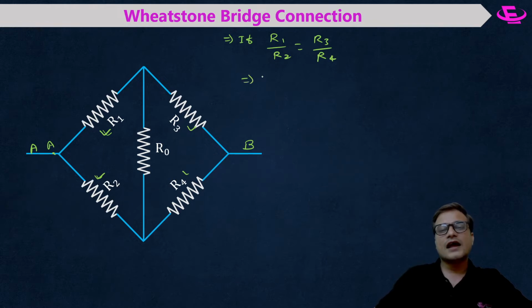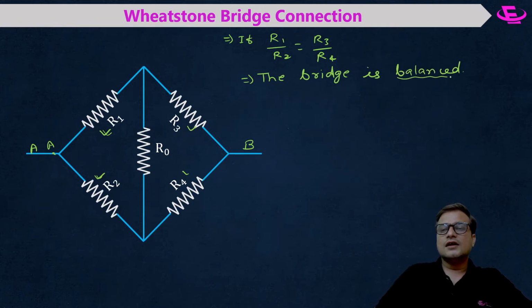Then it is said that the bridge is balanced. So what is the meaning of a balanced bridge? This has been determined from experiment. If the bridge is balanced, then there won't be any current through this resistor.